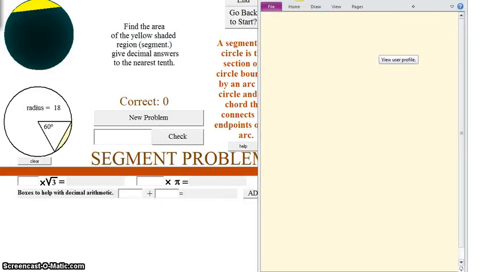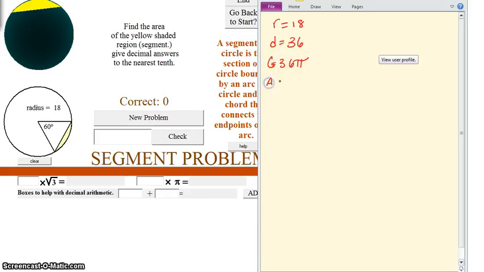Here we go. So you're going to create the circle and you're going to start a menu. Now the menu is the quick part. If the radius is 18, the diameter is 36. That's just two 18s. The circumference is 36 pi. That's simply the diameter multiplied by pi.